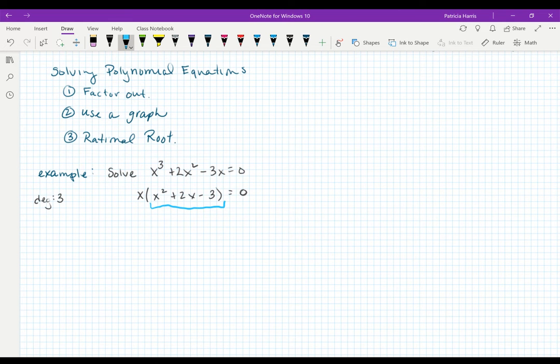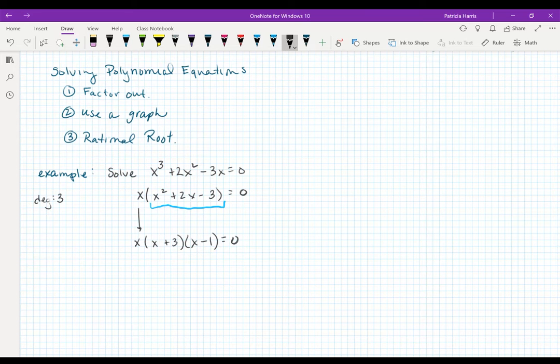I also notice that it is factorable. So, bringing down my x, because I don't want to lose that, I can factor that to x plus 3 times x minus 1. So that's nice and factored.